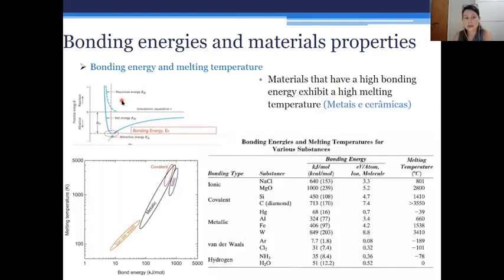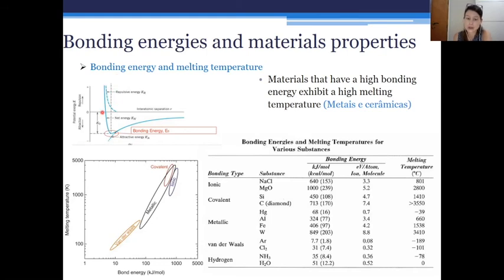So now let's see another relationship between the bonding energy and another thermal property, which is melting temperature. The materials that have a high bonding energy will exhibit a high melting temperature.